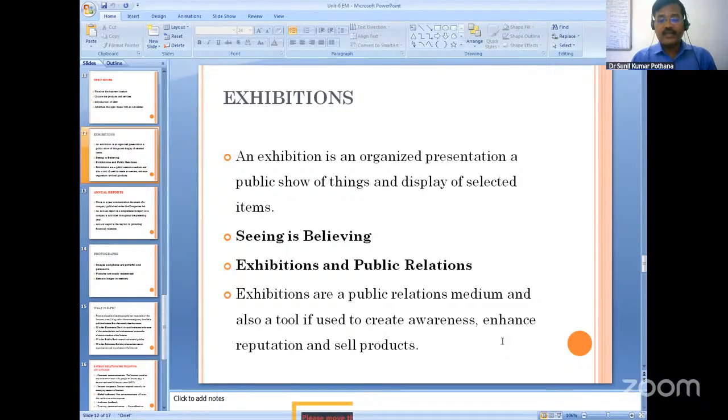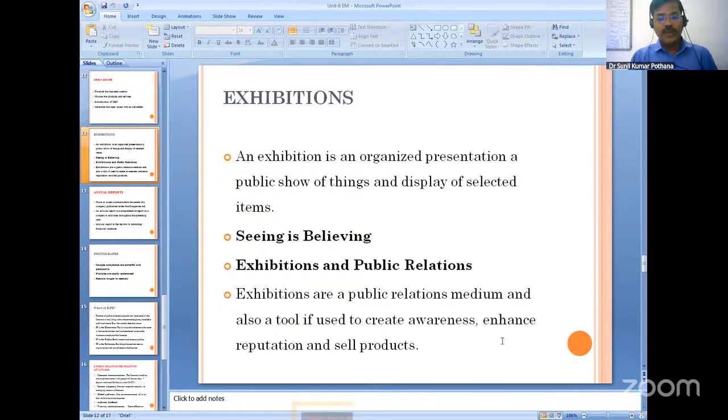So this is not the exhibition that we enjoy as a type of entertainment, like a giant wheel exhibition. That is a different one. Here the exhibition is purely dependent on the products or services of the organization.